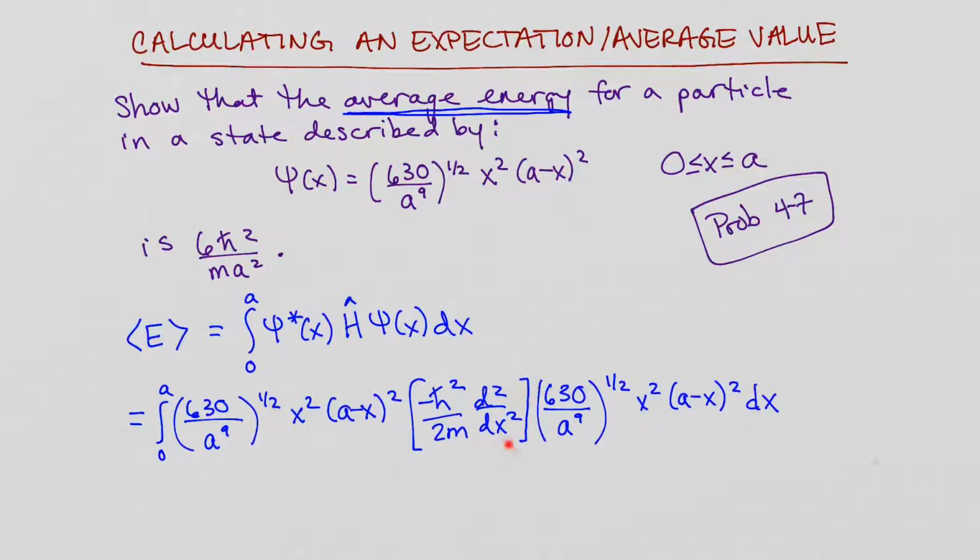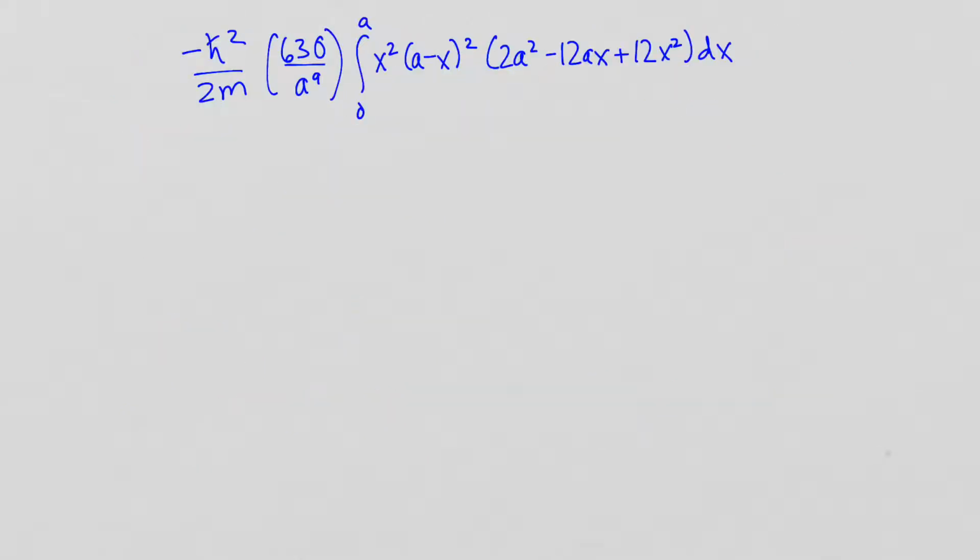Remember, this second derivative is going to act on this part of your wave function term where you have your x's. Okay, so take a minute to stop the video and do that part of the evaluation, and then we'll move on to the next slide to working beyond that point.